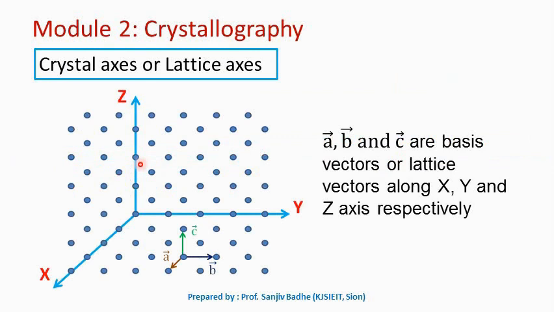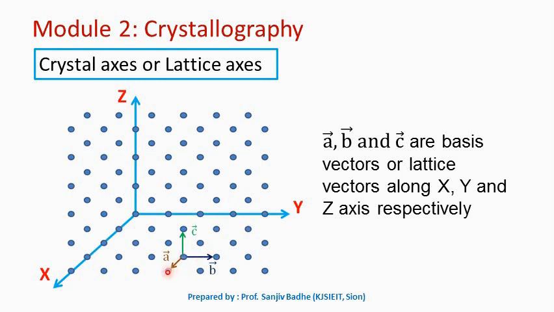A three-dimensional space lattice is characterized by three axes: x-axis, y-axis and z-axis. These axes are called crystal axes or lattice axes. The translational vectors a bar, b bar, c bar joining two nearest points along the given axis are called the basis vectors.